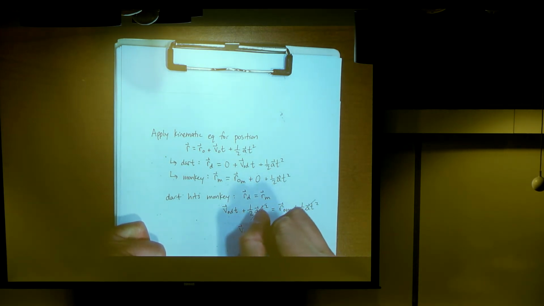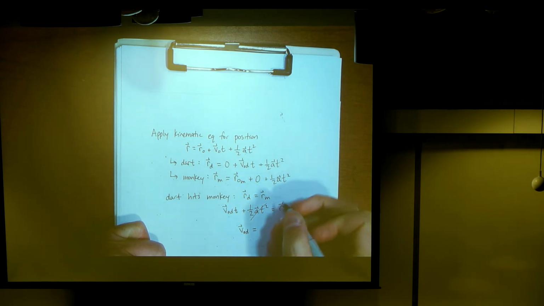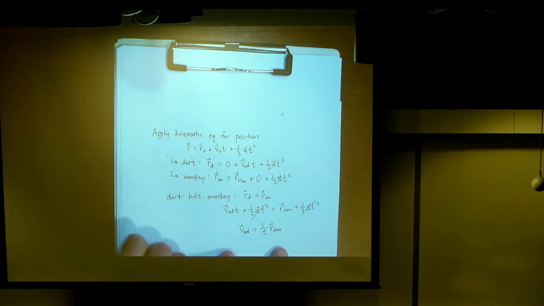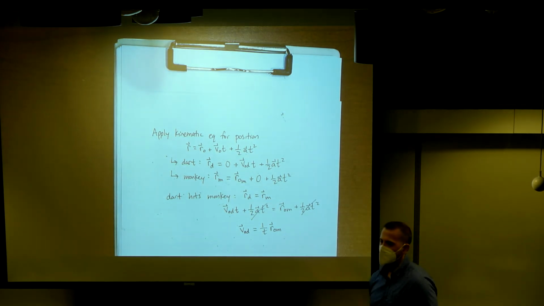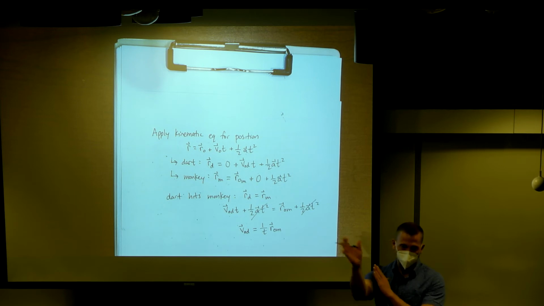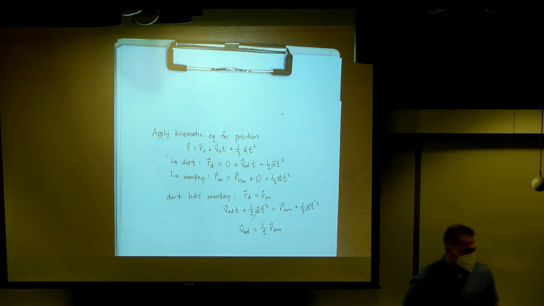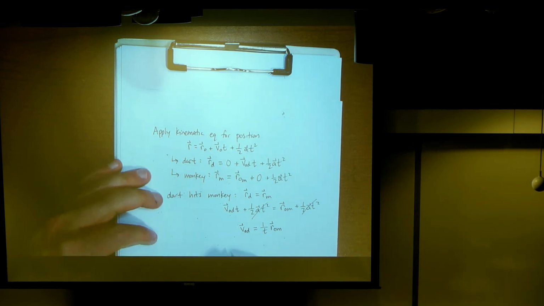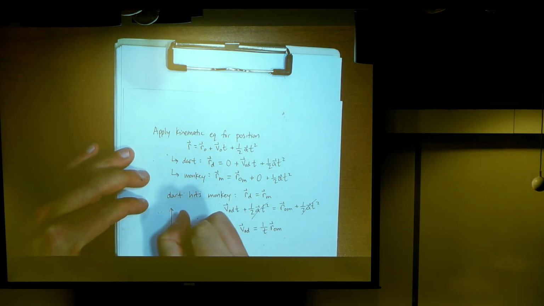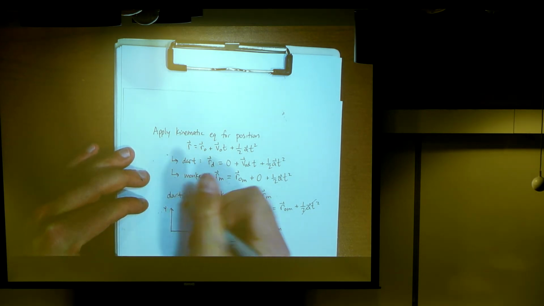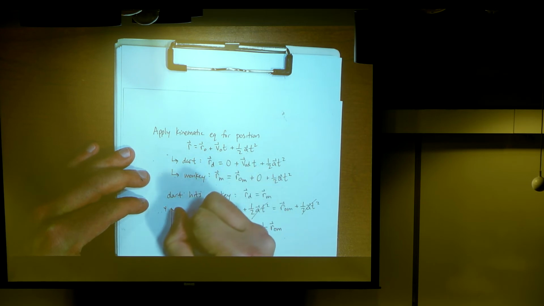The initial velocity of my dart should equal 1 over the time, whatever that happens to be, times the initial position of the monkey. So this answers the question. The initial velocity of the dart should be the same direction, that vector should be in the same direction as the initial position of the monkey. That means we're just pointing right at the monkey, if you think about it. Because if we draw a little picture, this is my x and y coordinates, and this is where the monkey is to start off.